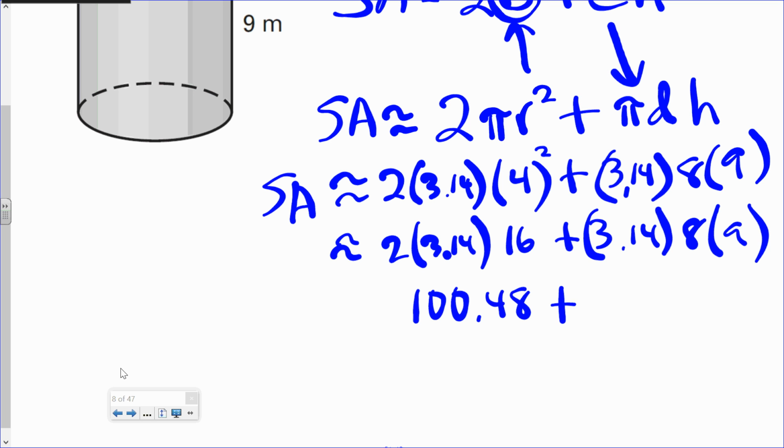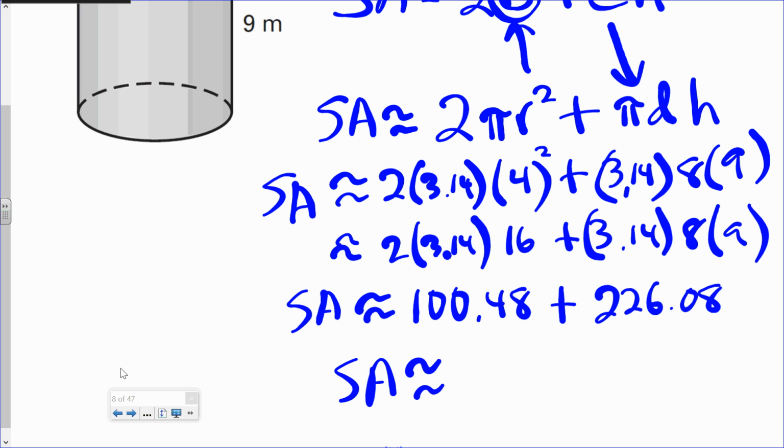Plus, I'll type all this in my calculator. 3.14 times 8 times 9 is 226.08. Then I'll just put this plus that now. Plus 100.48, a whopping total. The surface area of the cylinder is 326.56.